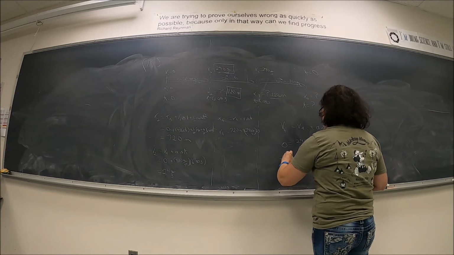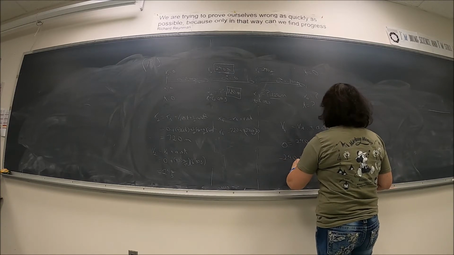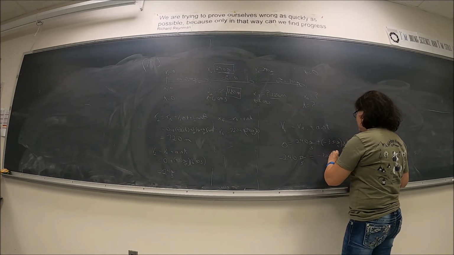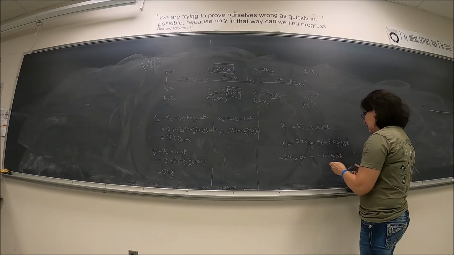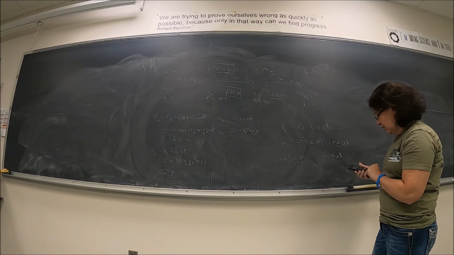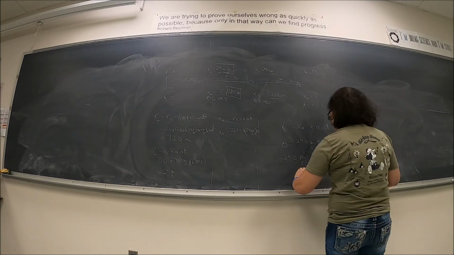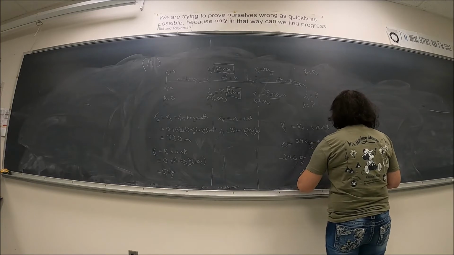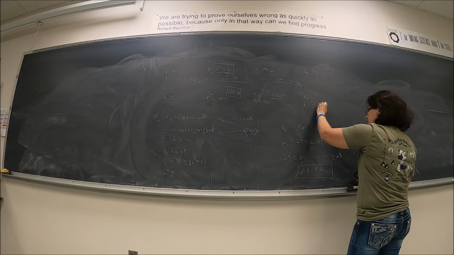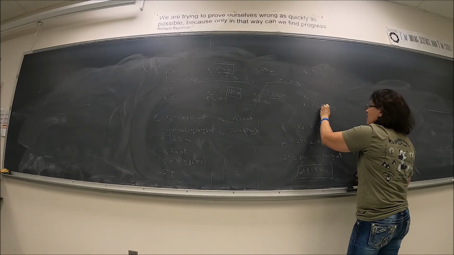So I have minus 24 meters per second equals minus 3 meters per second squared delta t. So negative 24 divided by negative 3, I get delta t is equal to 8 seconds. So I've got delta t, 8 seconds.